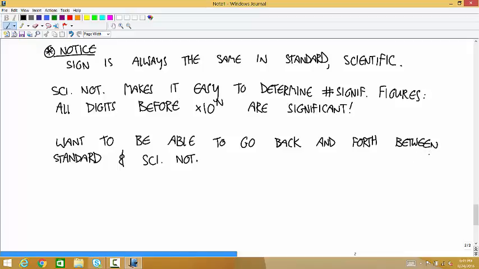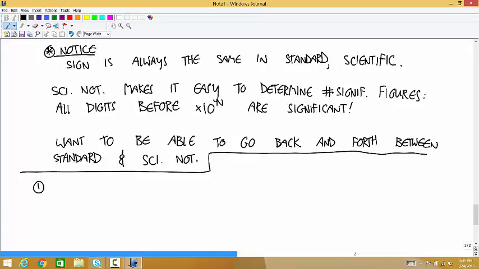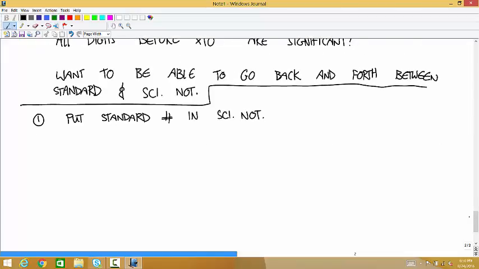First, if you are given a number in standard notation and you want to express it in scientific notation, I'm going to go through an example as I do this. So let's say the number is negative 541.6.